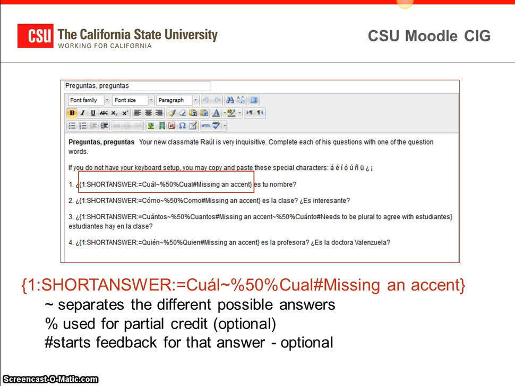So here the instructor is going to give half credit if the student writes the correct question word but forgets the accent mark. And as I mentioned earlier, you can provide feedback for each answer. The feedback follows the answer and is preceded by a pound sign.